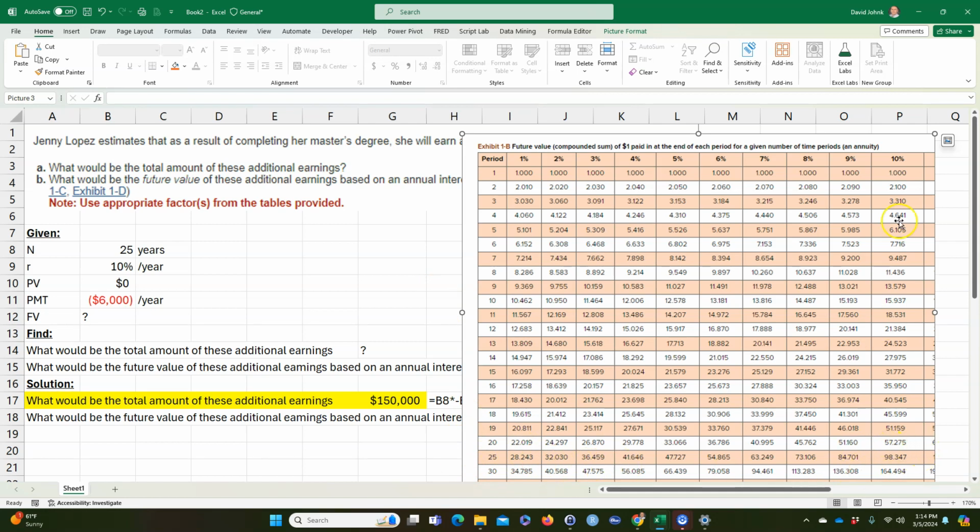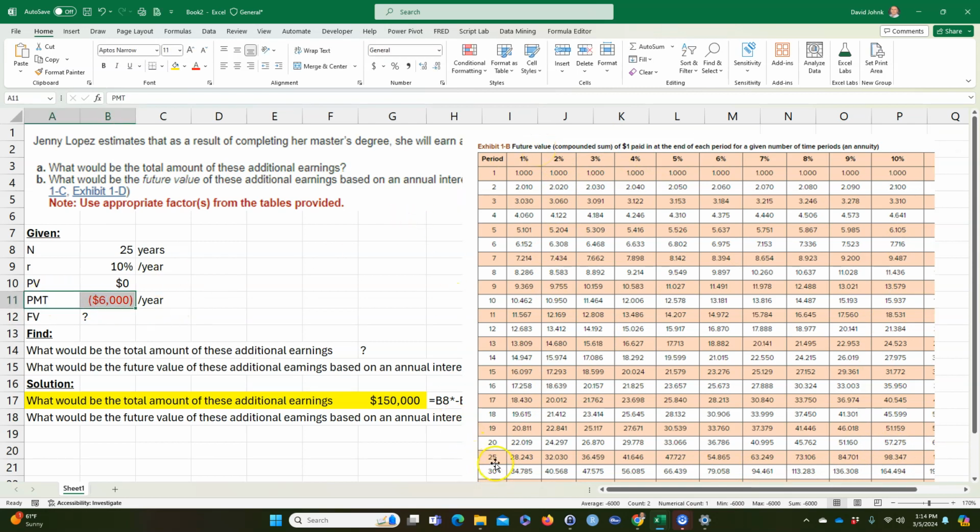But you can see that the factor for 25 years, this is an annuity, right? The reason it's an annuity is a series of equal payments, right? So it's 25 years at 10% is 98.347. So $1 in the future would be equal to 98.347.